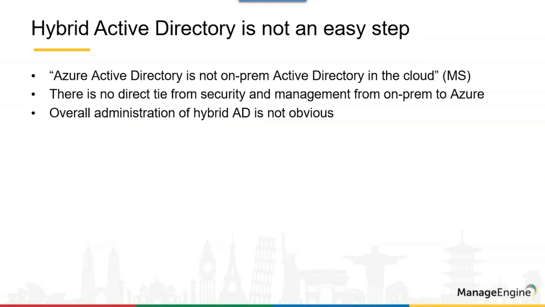Azure Active Directory is a small snippet of an identity and access management solution that Microsoft provided to support Office 365 and get you into Azure, okay? Another fact, there is no direct correlation from on-prem security and management into Azure.